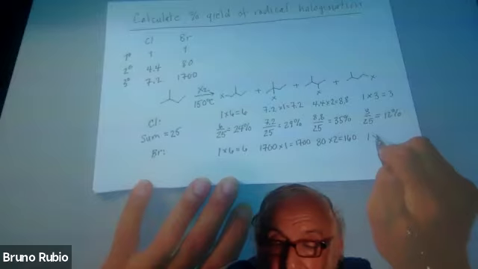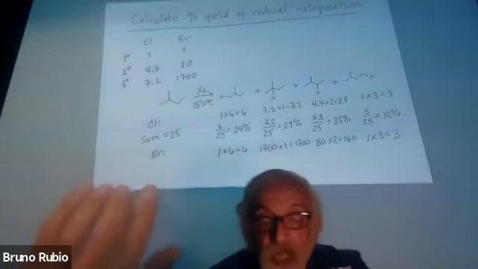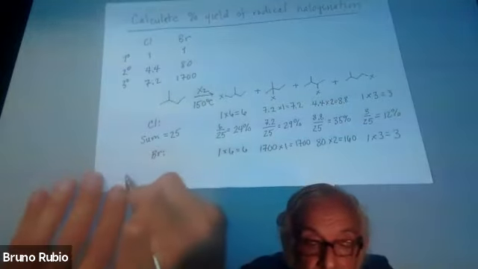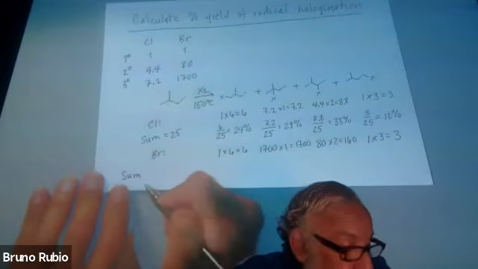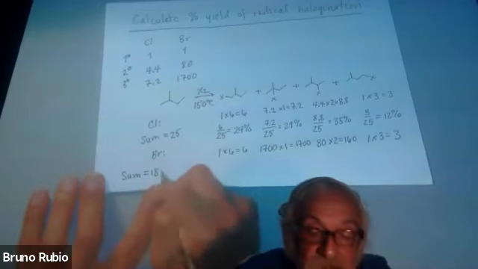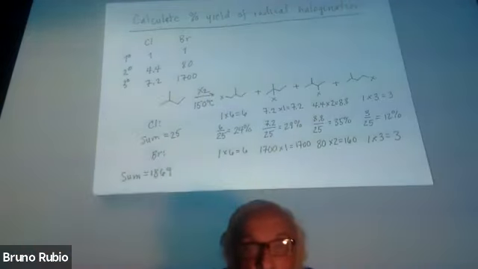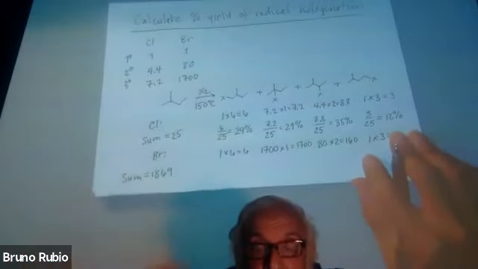And the statistical factor is 3, leading to 3. Okay, so the sum, just ran out of room here. The sum was 1869, which was a very good year for the Austro-Hungarian Empire.